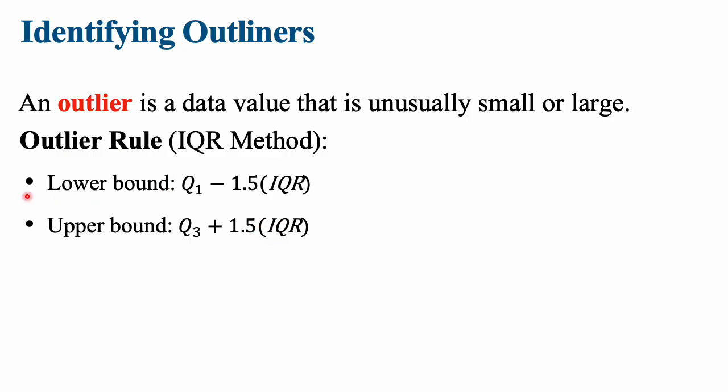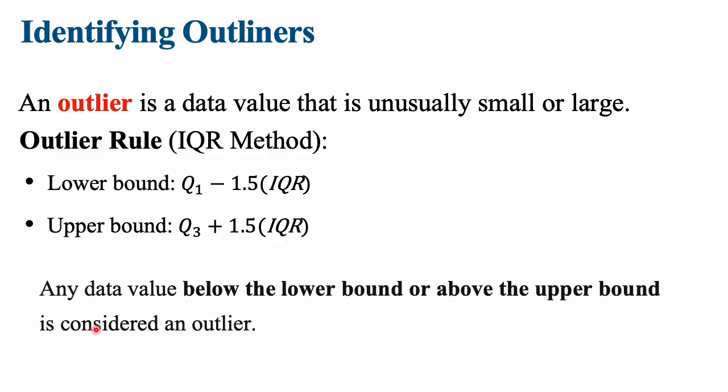This one is the lower bound. You're going to calculate it. This is the upper bound. You're going to calculate it. That's what we call the outlier rule. You calculate the lower bound and the upper bound. Then any data value below the lower bound or above the upper bound is going to be an outlier.